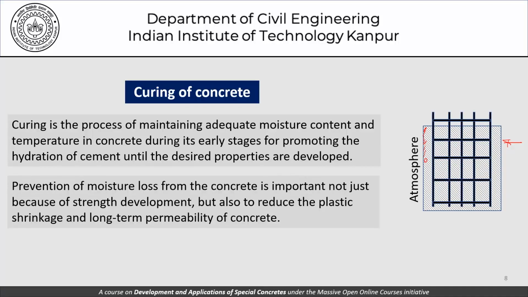Prevention of moisture loss from the concrete is important not just because of the strength development but also to reduce plastic shrinkage and long-term permeability of concrete. Now this really is just a corollary of this and follows. What is being said is that we have to create conditions on the surface of concrete such that the water does not escape.